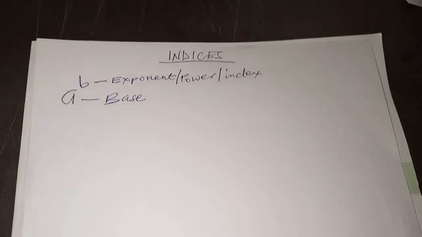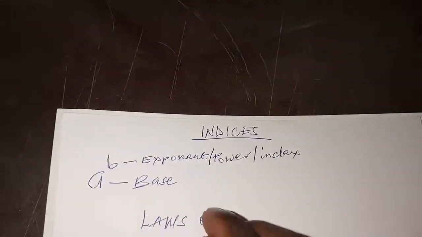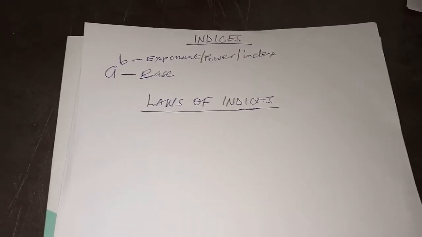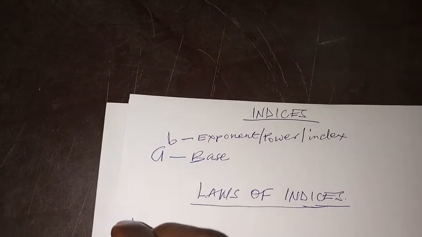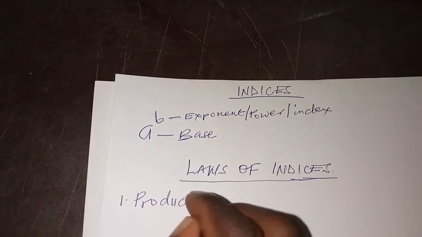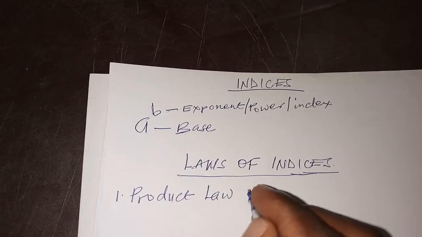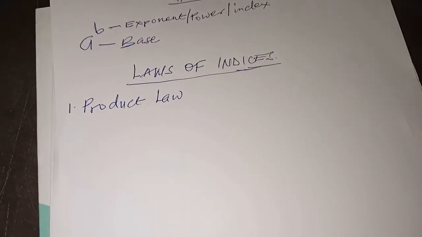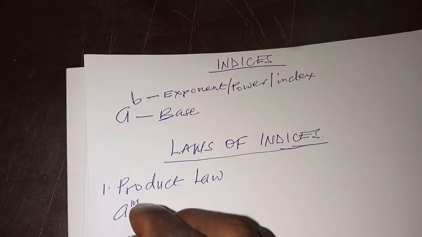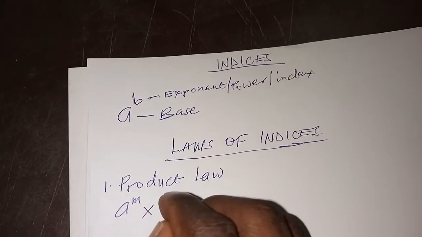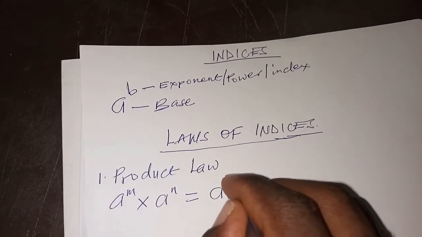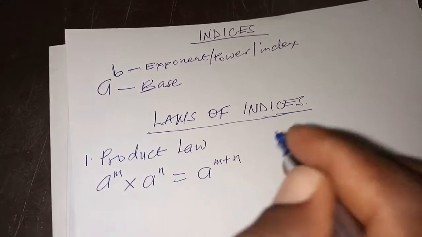We go to the laws now. All right, laws of indices. So the first one, I choose to call it the product law. And this law says that A exponent m times A exponent n equals A exponent m plus n.